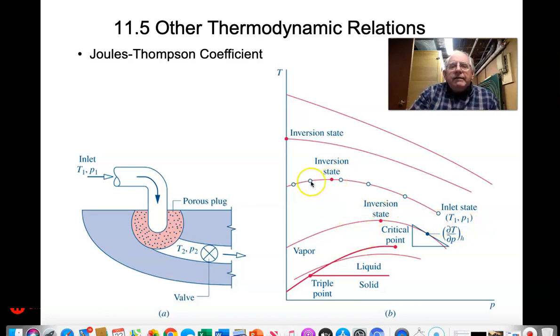And so anything this way from the inversion state is a positive Joule-Thomson coefficient. Anything over on this side is a negative Joule-Thomson coefficient, wherein as you lower the pressure, the temperature actually would go up.